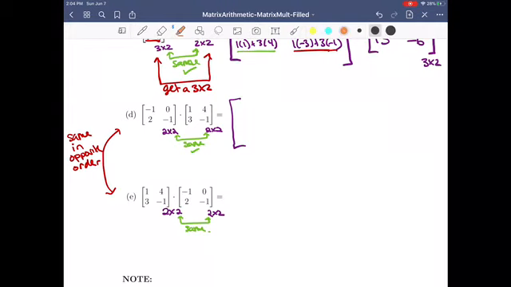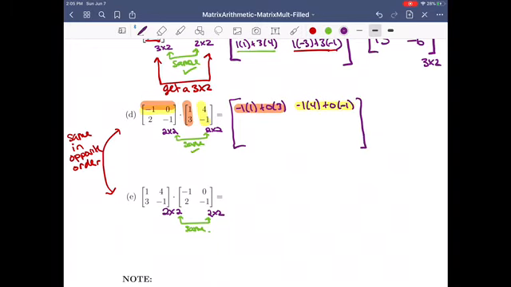So we take row 1, column 1. That gives us our first entry. So negative 1 times 1 plus 0 times 3. And then we do row 1, column 2. And that gives us our entry in row 1, column 2. So negative 1 times 4 plus 0 times negative 1.